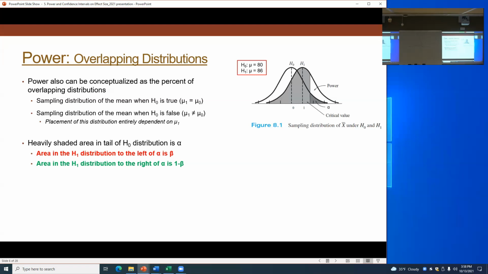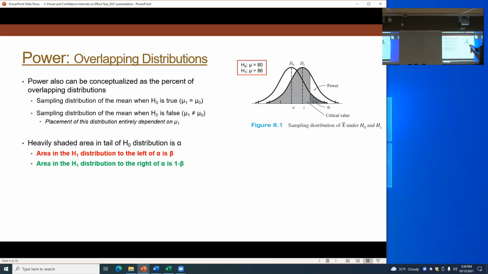Remember that power is my ability to reject the null when the null is false. Okay. So do I have more power in this figure or that figure? That one, right? In this one, there's more overlap, right? There's more potential for me, because H1 is the distribution in real life, and these are the things that I'm dealing with.